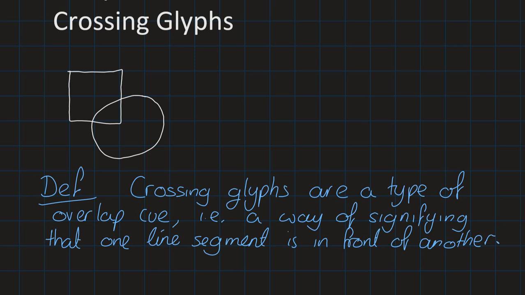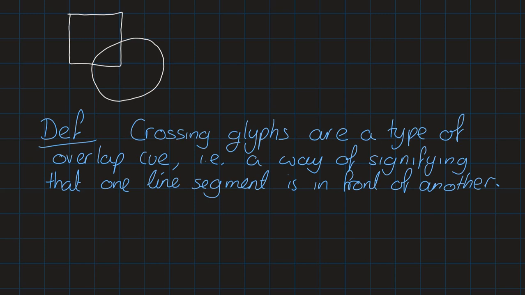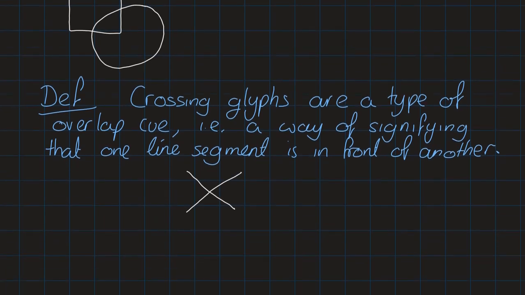Okay, and the actual definition of the crossing glyphs, the practical definition, is incredibly simple. You have two line segments which cross one another, and you want to convey to the reader that one of these is in front of the other. So you've got two choices. If you want to make the one going uphill in front, you draw that first, and then you draw the other one with a slight gap.